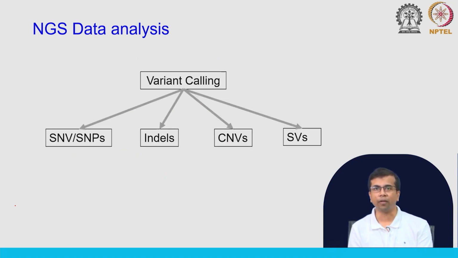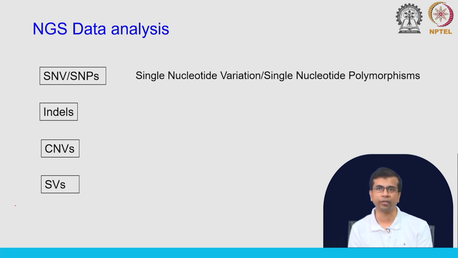So, the problem of identification of these variants is called the variant calling, okay, and there are different types of variants that are possible. You have SNV or SNP, we have indels, we have CNVs and we have SVs. Okay. So, what are these SNV, SNPs? So, these are the full forms.